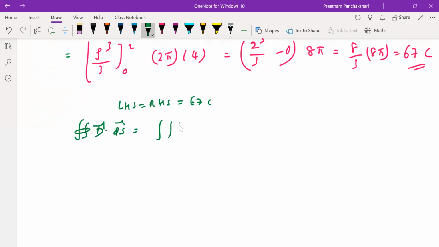Right hand side, we found divergence of D first, then integrated. So this is also the verification of Gauss divergence theorem. We have proved Gauss divergence theorem also for the given problem. If total charge is required, you can evaluate any one of these sides at your convenience. That is the solution.